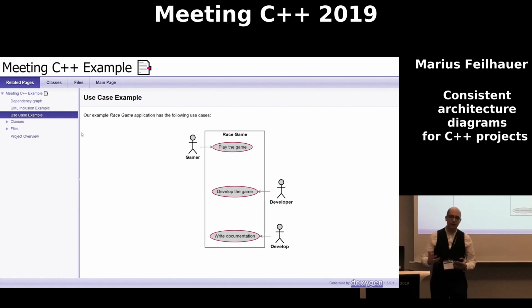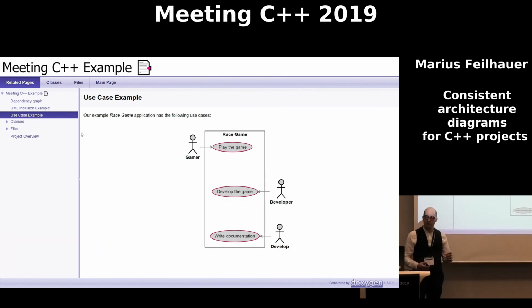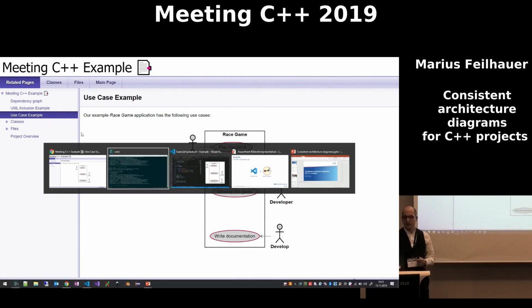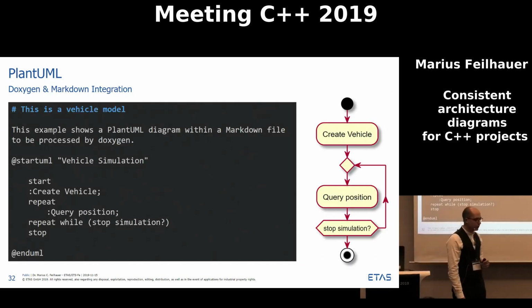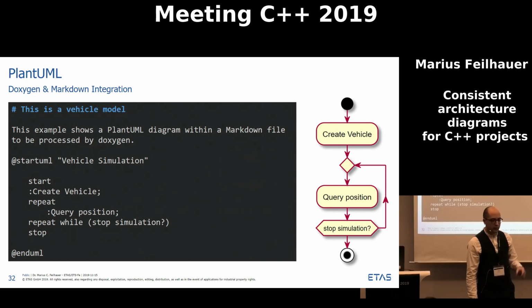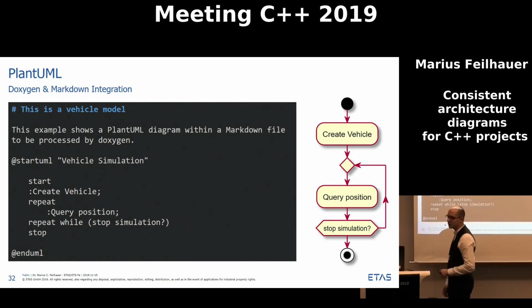So I really like this approach of having a minimal textual representation and allowing to draw diagrams to express some intentions quite clearly that are not expressed in the source code itself. So Doxygen does not only have PlantUML support integrated, but you can also use PlantUML within Markdown files in Doxygen, for example.